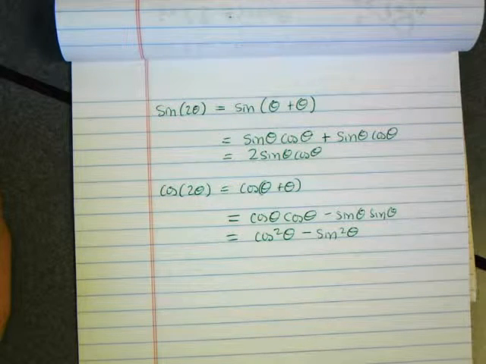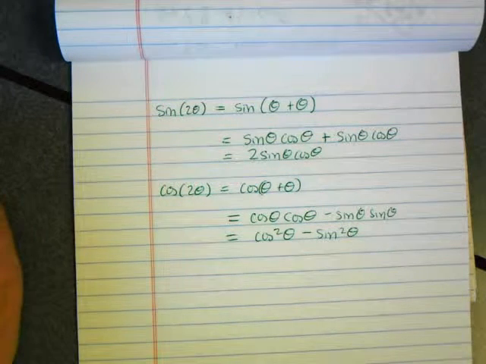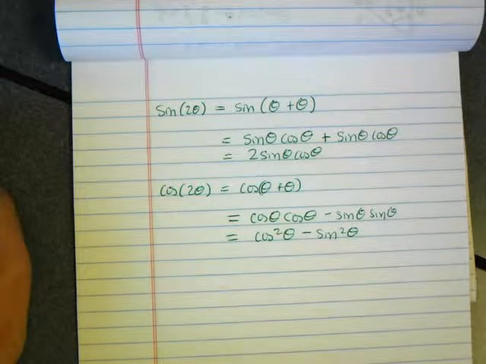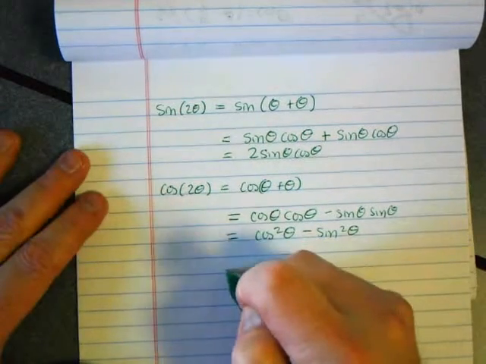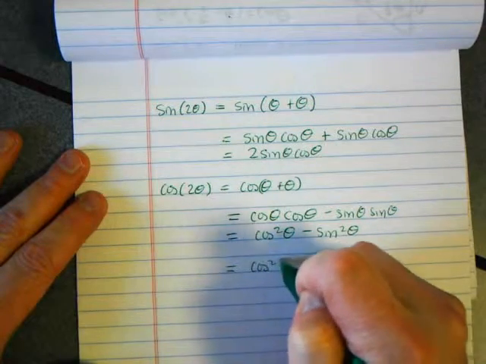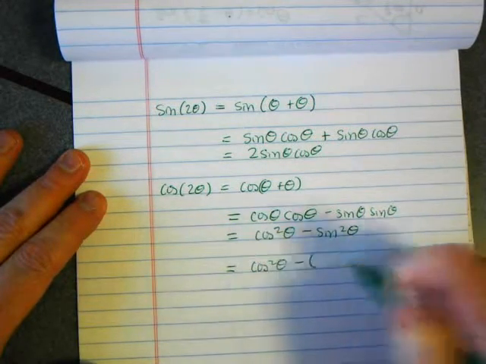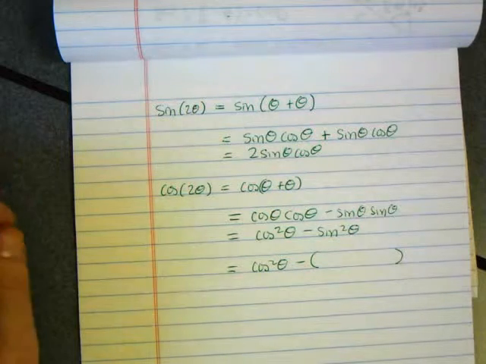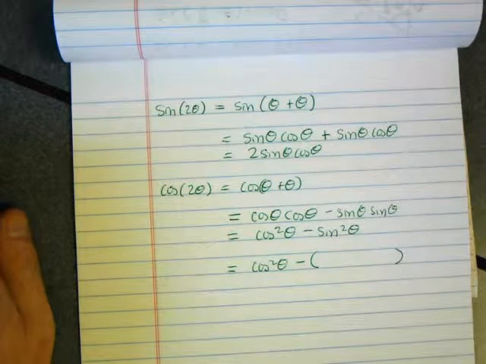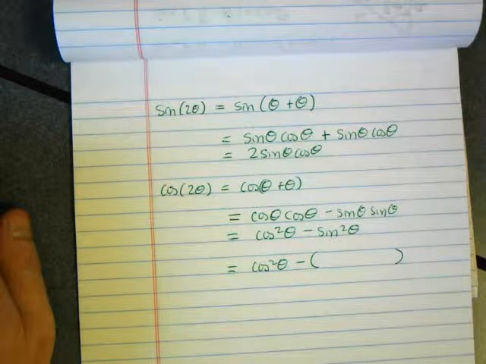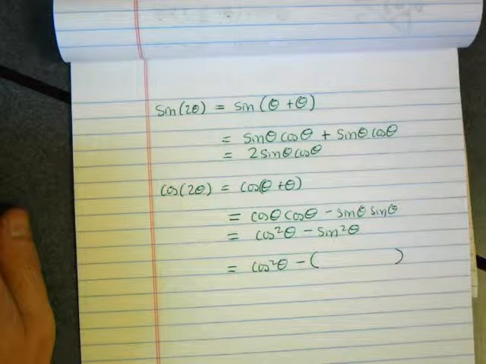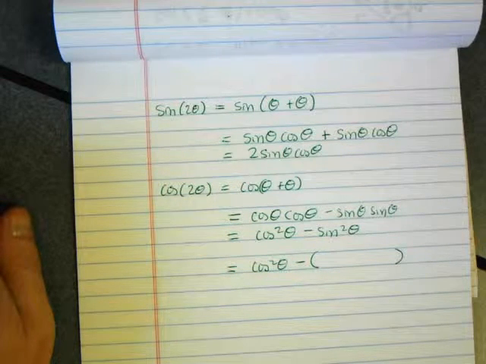Well, just to make it more fun, or more confusing, depending on how you want to look at it, this one's also sometimes given in alternative forms. You'll sometimes see this written as cosine squared theta minus, what can you tell me about sine squared theta? In terms of the Pythagorean identity, what's sine squared theta?